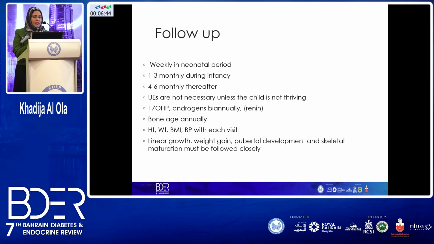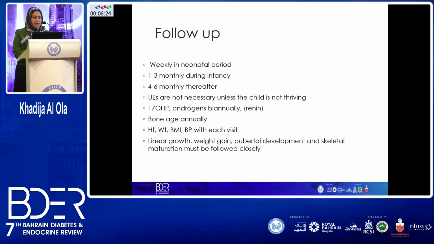Follow-up. Follow-up needs to be weekly in the neonatal period, 1 to 3 monthly during infancy, and 4 to 6 months thereafter. Electrolytes are not necessary if the child is thriving well and asymptomatic. We can do 17-OHP and androgen twice per year, and bone age every year.